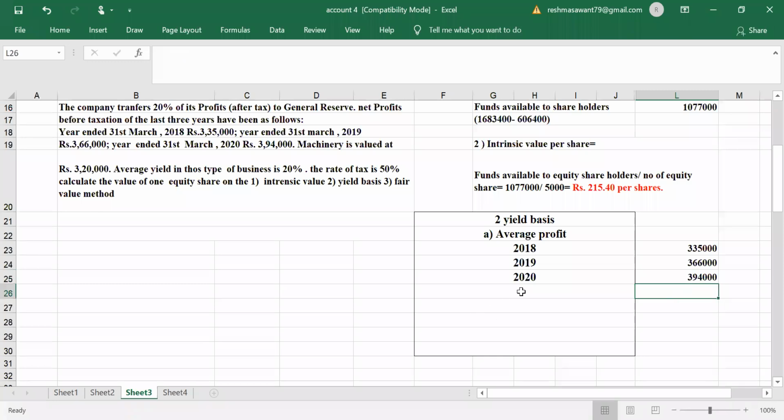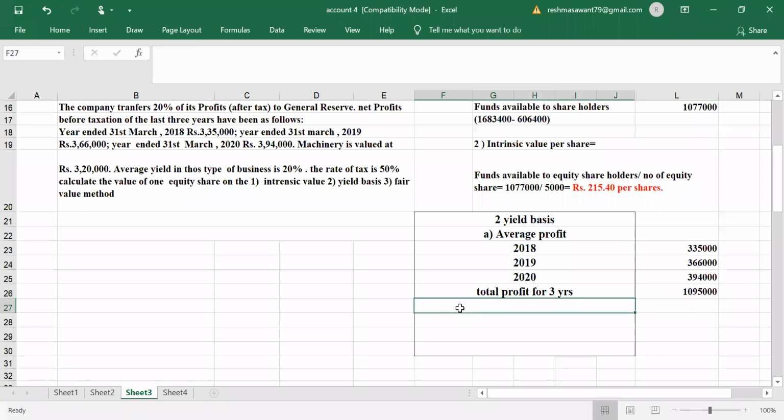Now the total profit for 3 years. The total of these 3 years is 10,95,000. So this is your total profit.